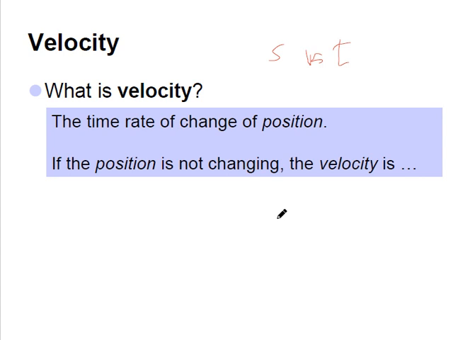So velocity is just looking at the rate of change of that position, okay? But this time you're going to look at that position with respect to time.